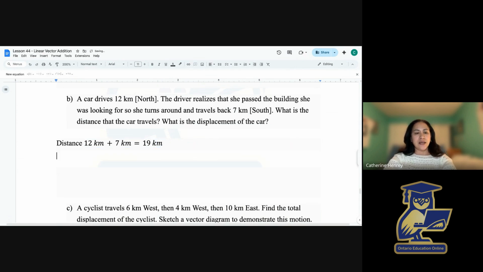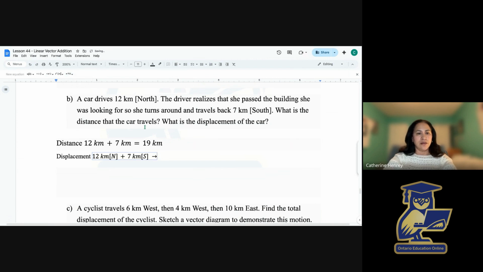But the displacement this time, we have to consider the directions. So here we'll have to, again, let's enter a new equation. We'll have 12 kilometers north. Right now we'll add 7 kilometers south. We want to rewrite this with the same direction.